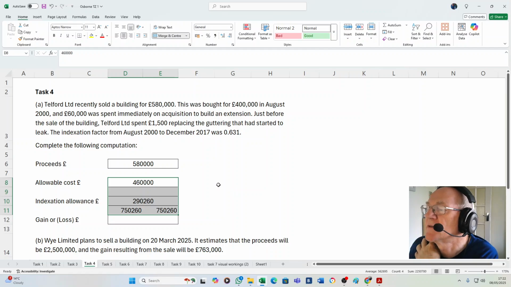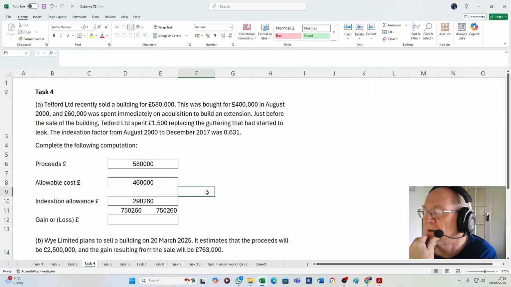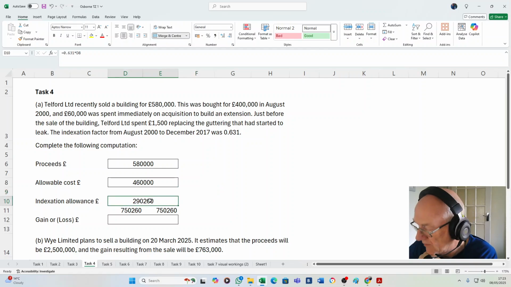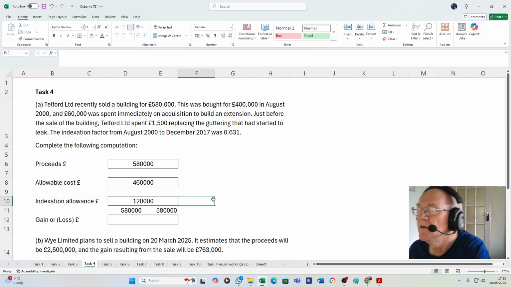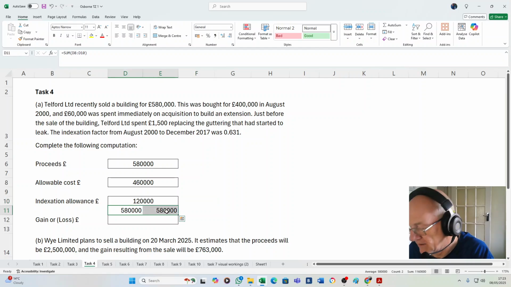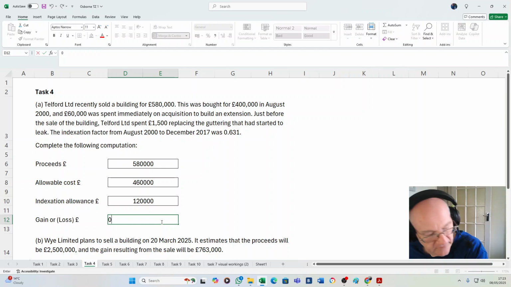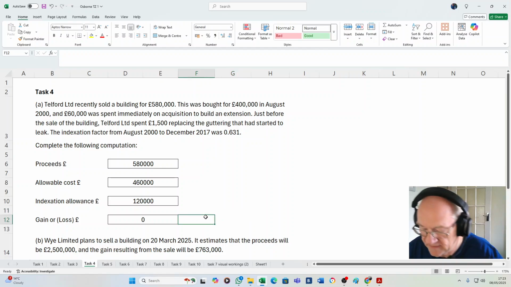They would make a loss of 100 and 180,260 or so. So we can't do that. All we can do is put that in. So indexation cannot be used to create or extend a loss, and therefore we've got no gain. No gain, no loss. So it comes up later as well in another question.